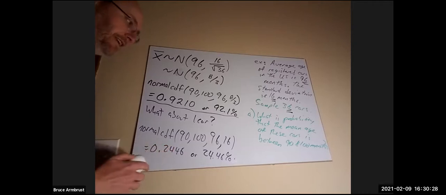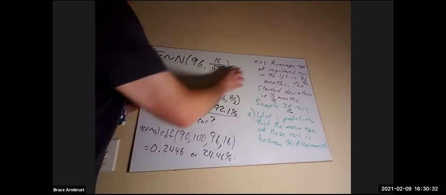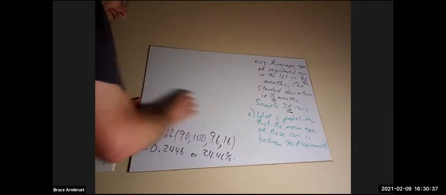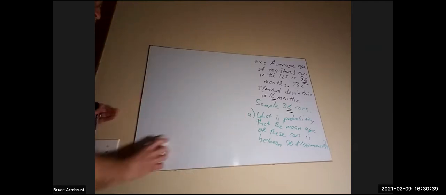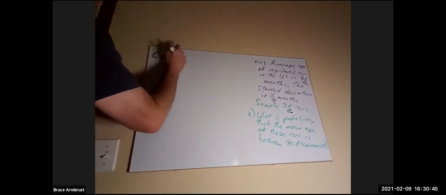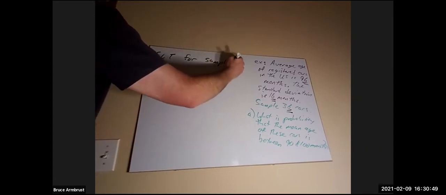All right, hearing none and seeing none, let's look at the second form of the central limit theorem. This was the one for sample sums.